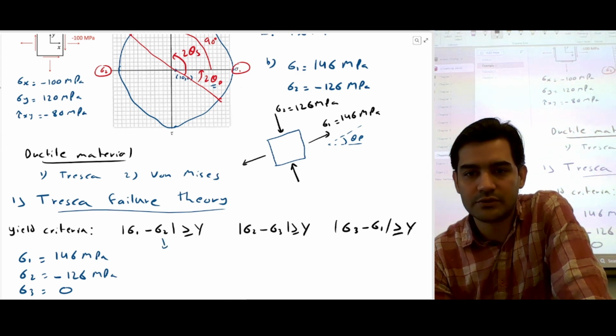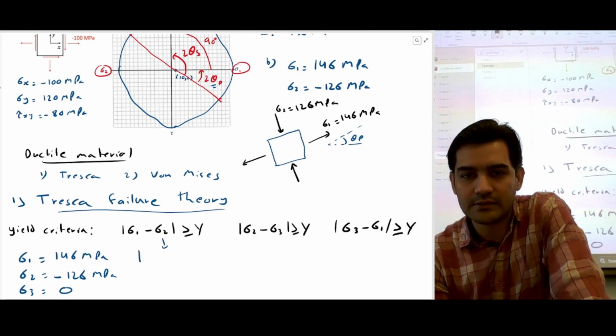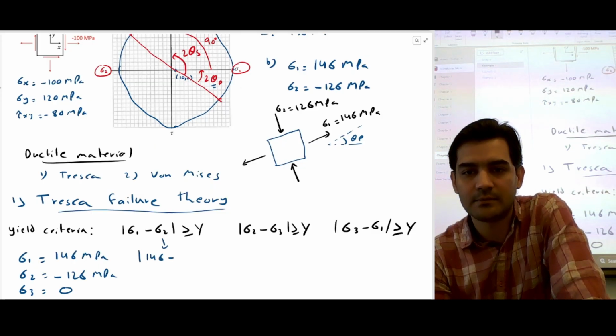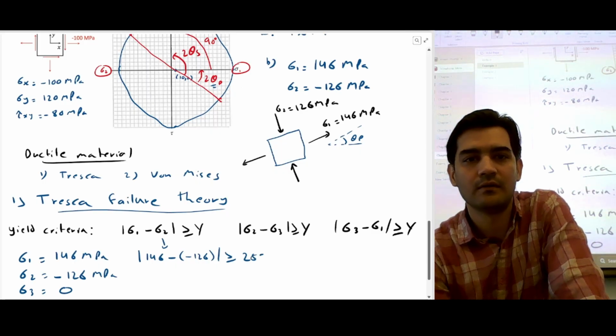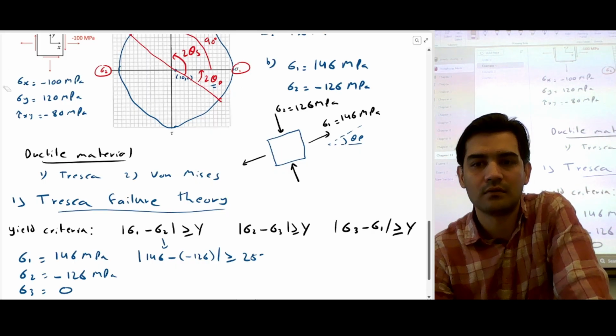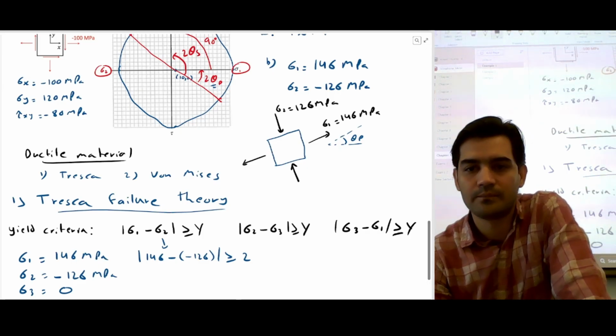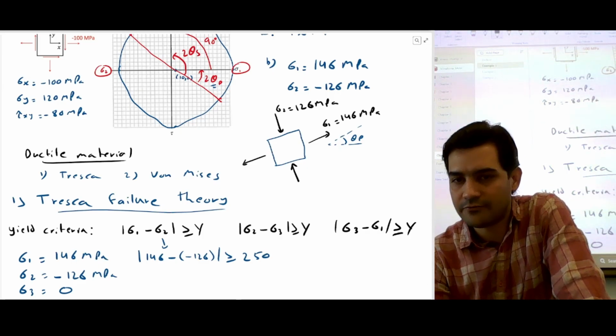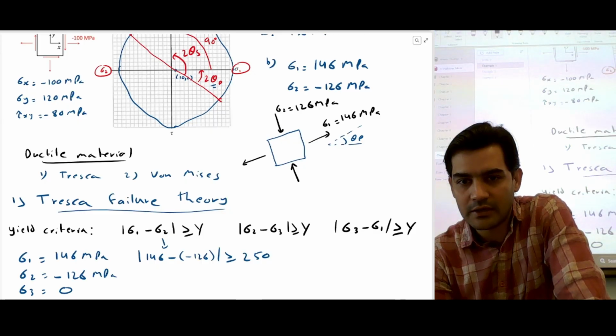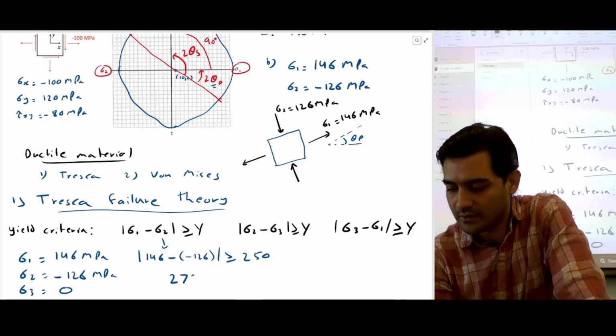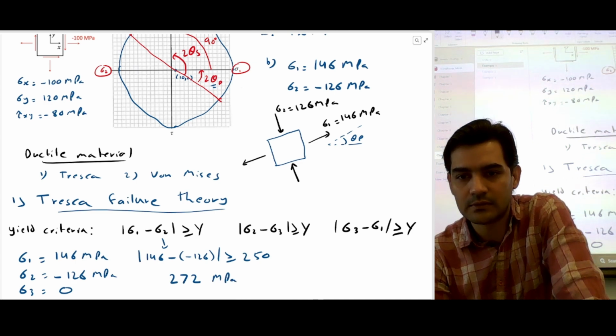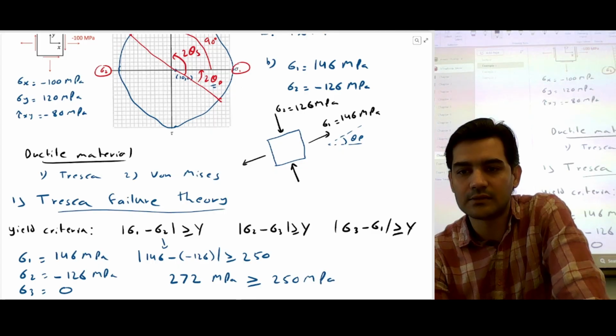So 146 minus negative 126 should be greater than or equal to our yield, which is 250, right? If you solve this, you're going to get 272 megapascals, which is greater than 250 megapascals.